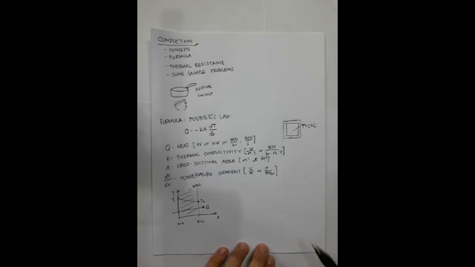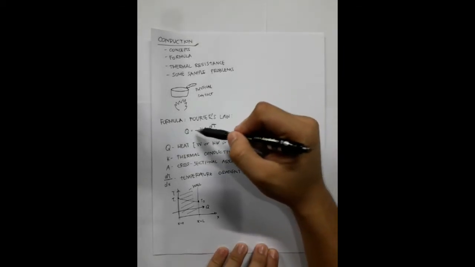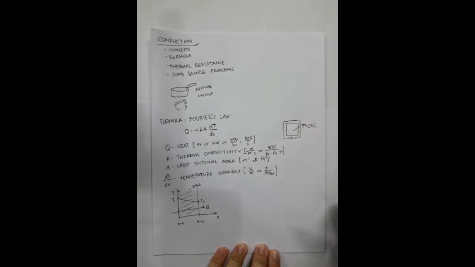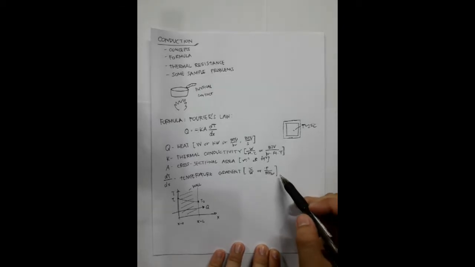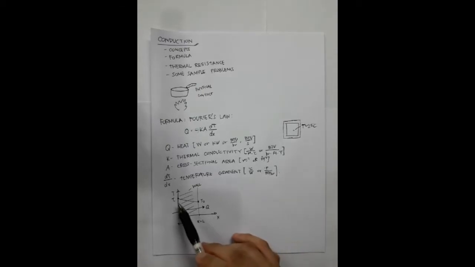So, as you can see, mapapansin natin dito na may negative sign dito sa formula ng Fourier's law for heat conduction. Bakit nga ba may negative dyan? Dahil ang temperature gradient daw lagi is pa-negative because heat is conducted in the direction of decreasing temperature.